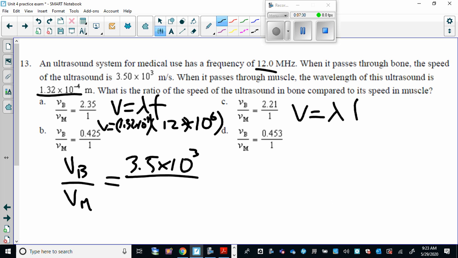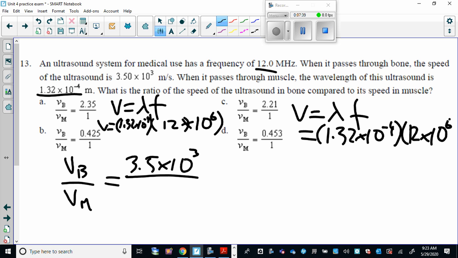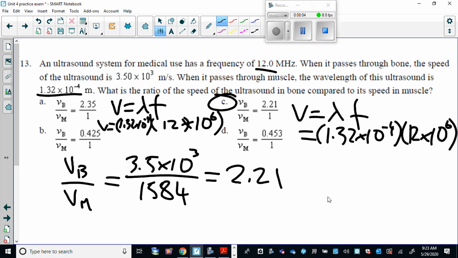Velocity equals wavelength, 1.32 times 10 to the negative 4, times 12 times 10 to the 6. Don't forget it's megahertz. So you've got to put times 10 to the 6, and you multiply those two numbers together, and you end up getting 1584. And then once you divide those, you're going to get 2.21. Your answer is C.